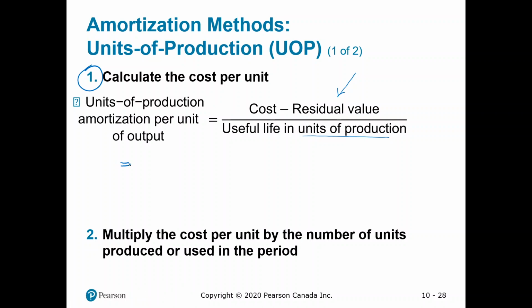We're calculating this cost per unit: 65,000 cost minus $5,000 residual value, divided by 400,000 kilometers. So we've got 60,000 divided by 400,000, and this gives us a per unit cost of 15 cents per kilometer.